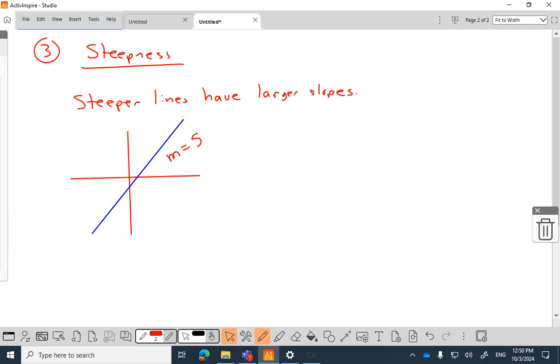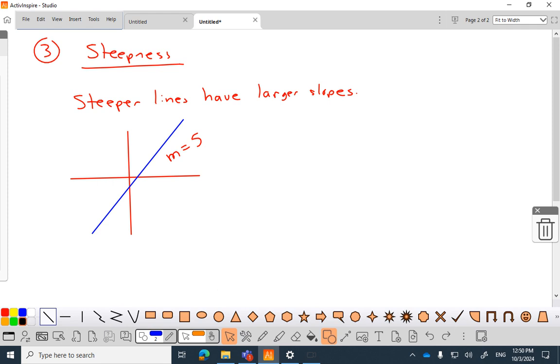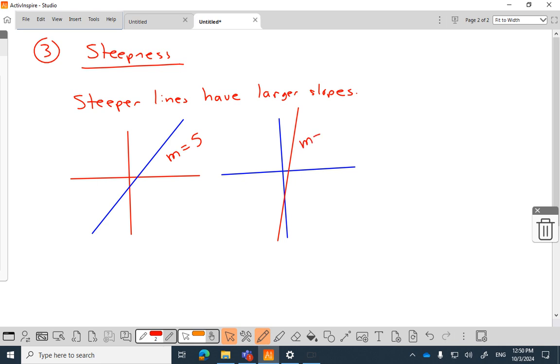But if then I switched and said, no, no, watch this slope. Slope 10. I've tried to draw it sort of accurately so you can get that picture of what's going on there.